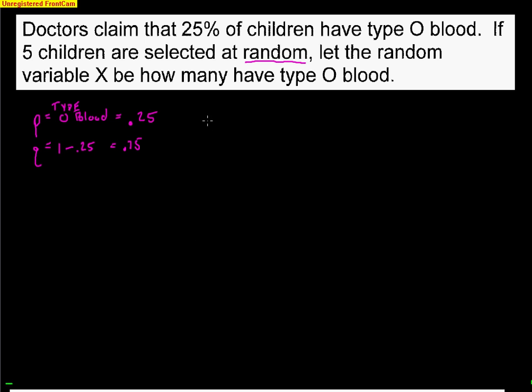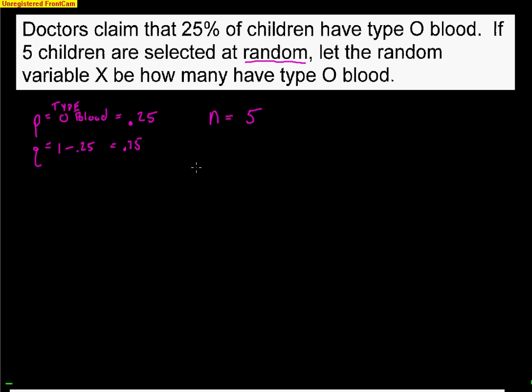Next up, we need to have a certain number of trials, and we're looking at 5 children. So we do have a set number of trials. And lastly, we need the chance of success to stay the same. So just because the first 2 kids have type O blood, it doesn't make the third kid any more or less likely to have type O blood. It stays 25% the whole time.